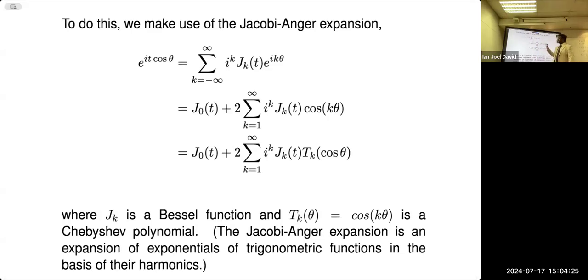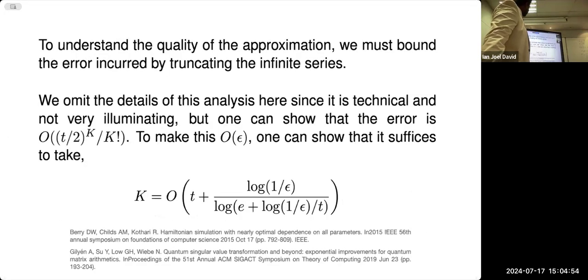So when they did signal processing, this is what they did. Here, this is just a way of expanding e to the i t cos theta. Once you expand this, we see that it's given in terms of Bessel functions and Chebyshev polynomials. You can find this on Wikipedia. It's nothing complicated. I'm just showing you how this Jacobi-Anger expansion works.